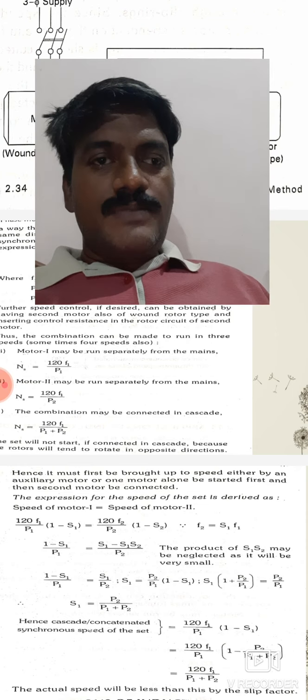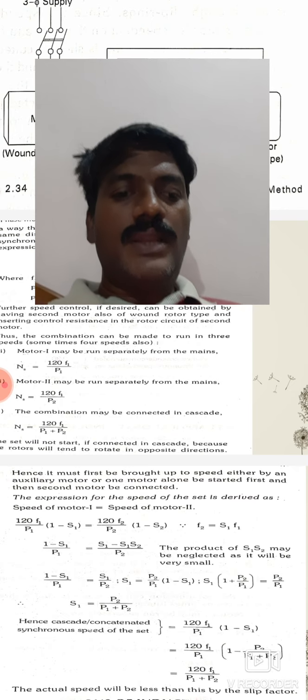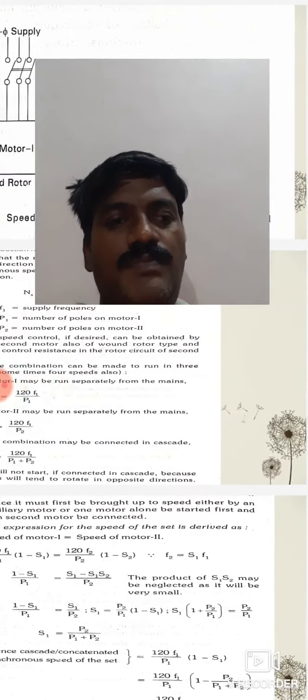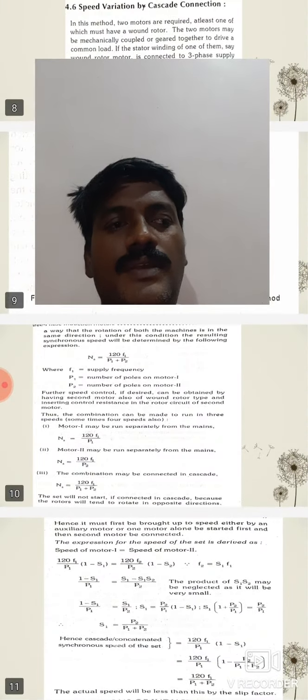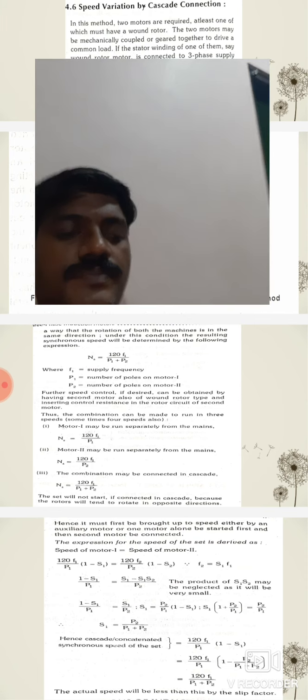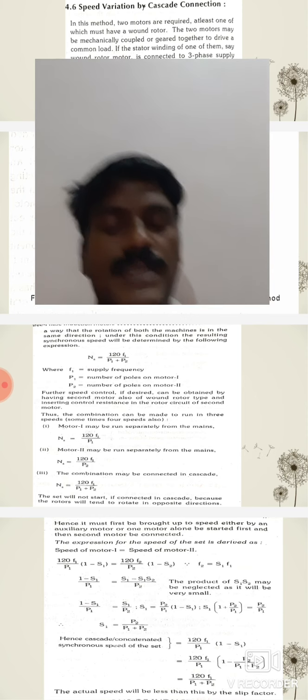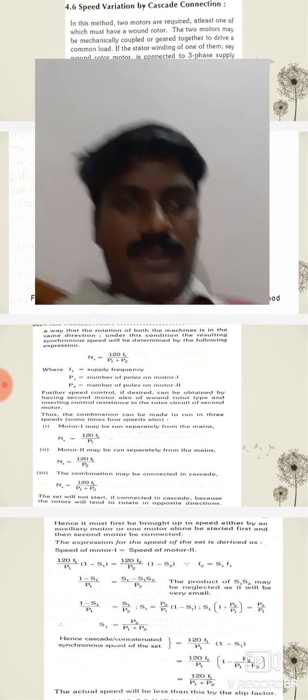That means the number of poles changes, then automatically speed changes, right? And by simplification we can get another speed also, that is 120 into f1 by p1 minus p2.